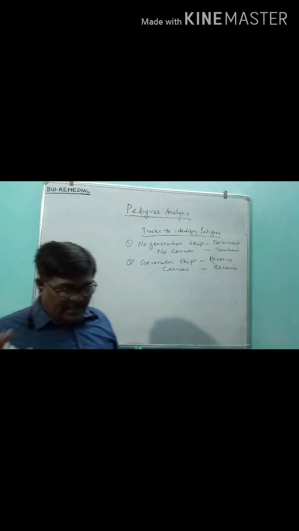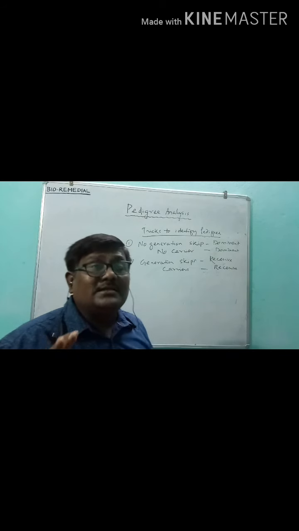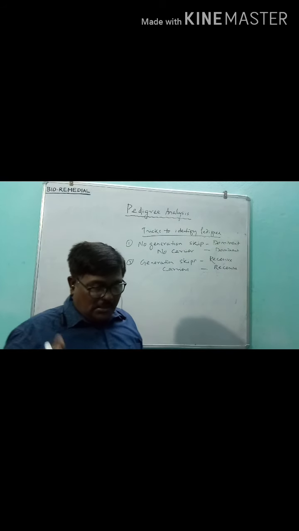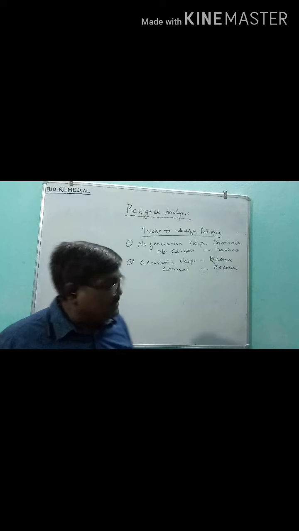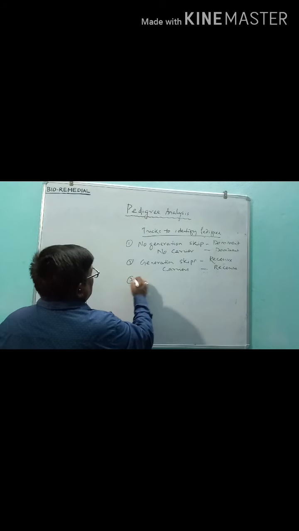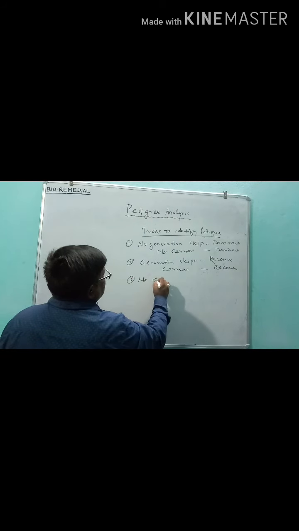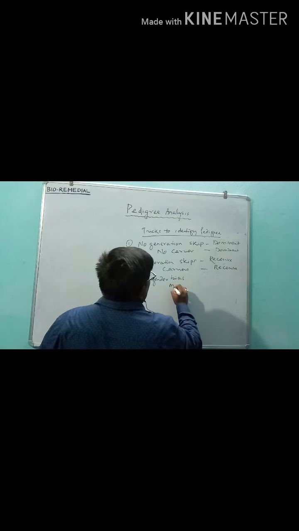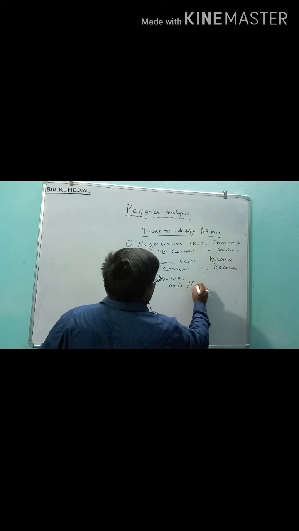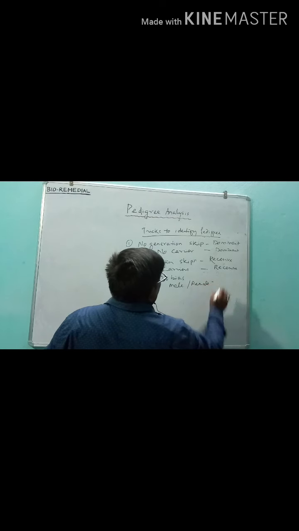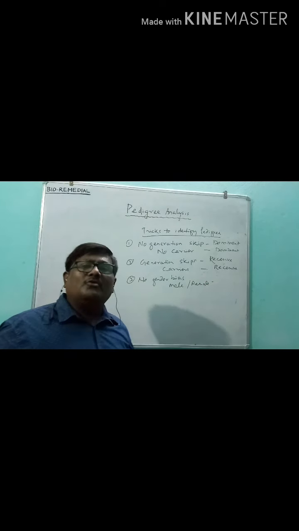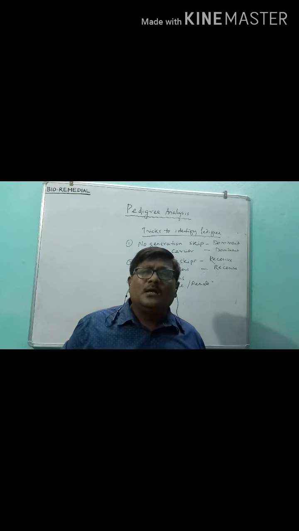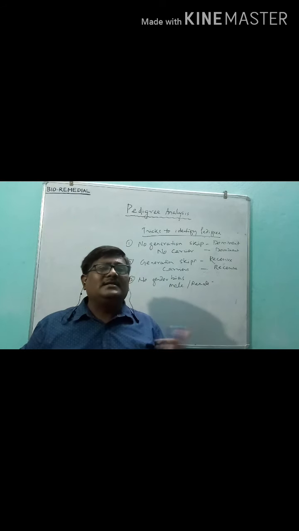Okay. Then, how can we know whether it is autosomal or X-linked? Third: if there is no gender bias, meaning the disease can affect a male as well as a female. Male can be affected, female can be affected.